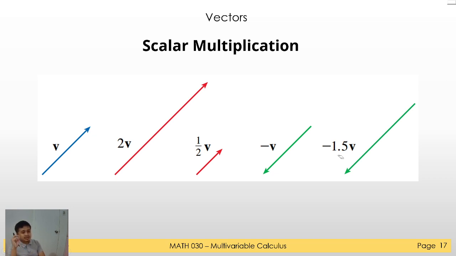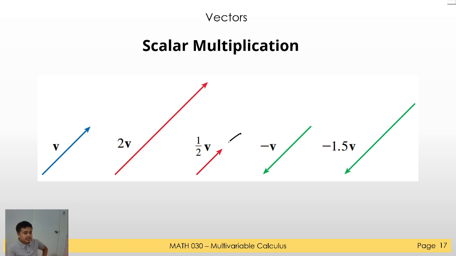If we have vector b, the visual representation of the scalar multiplication of b with, let's say, 2, so we have 2 times b, is that it will double in length. And if we multiply by a fraction, which is 1/2, then it will be scaled accordingly.